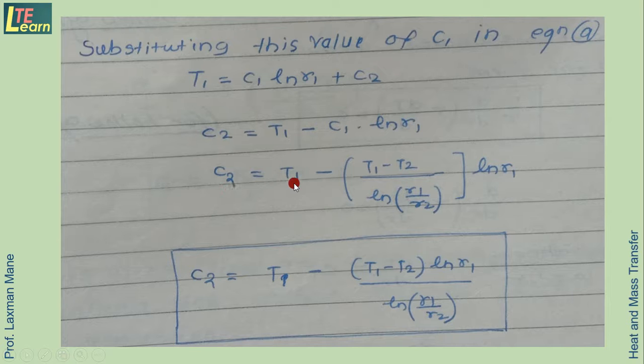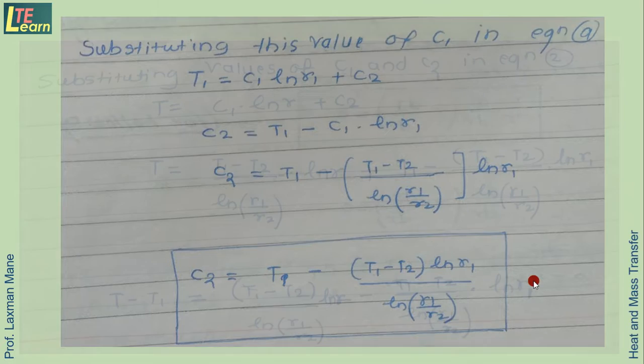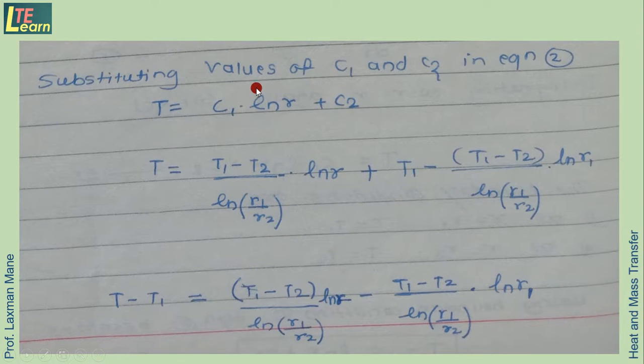So C2 is equal to T1 minus, in place of C1, this expression we got, into ln R1. So here substituting the values of C1 and C2 in equation 2, we find T is equal to, in place of C1 this expression, in place of C2 this expression.